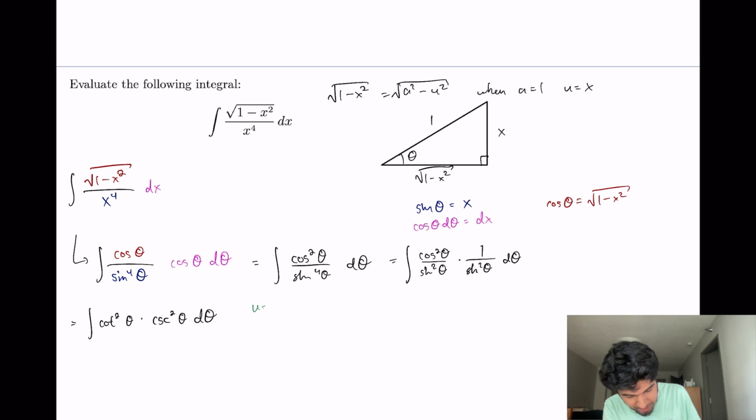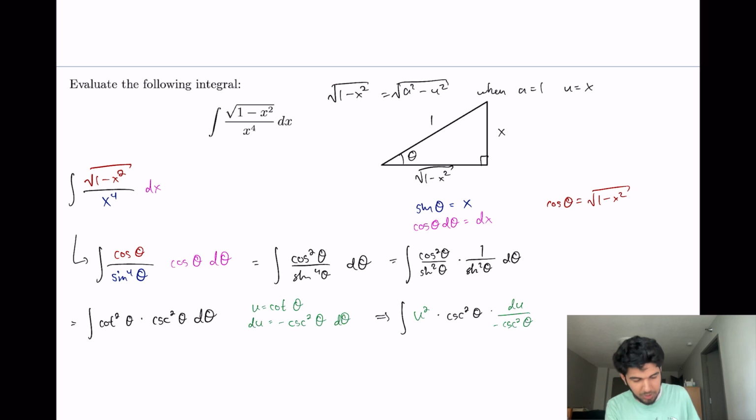If we let u equal cotangent of theta, then du will equal negative cosecant squared of theta, d theta. So that makes the integral equivalent to u squared times cosecant squared of theta times du over negative cosecant squared of theta. We see that the cosecants will cancel.